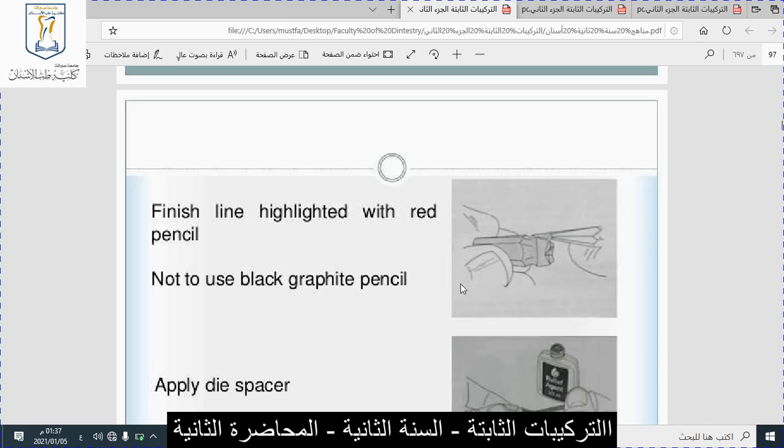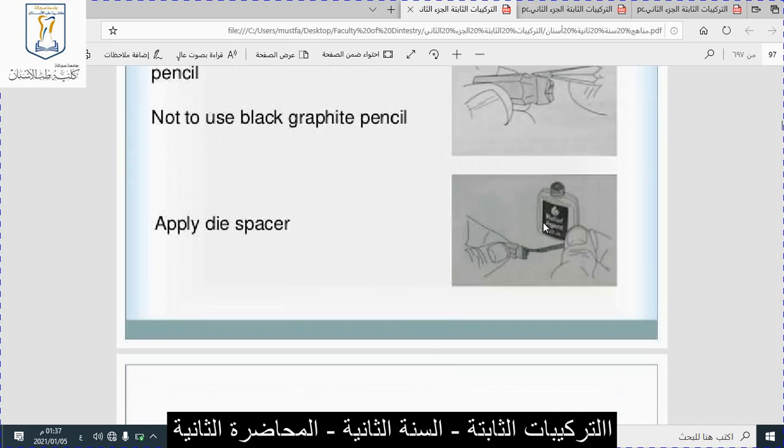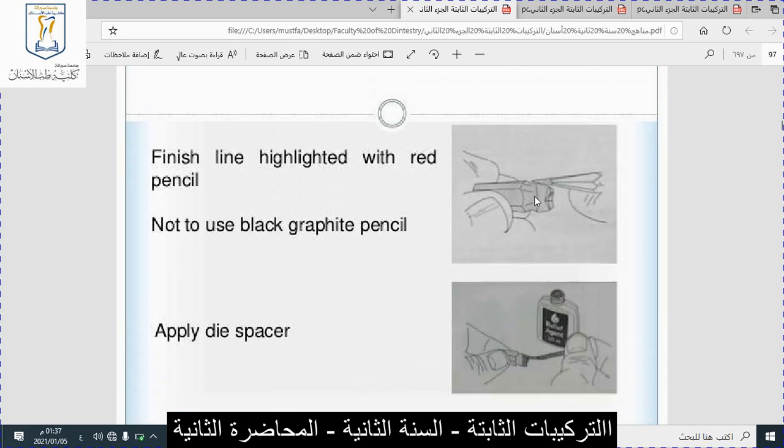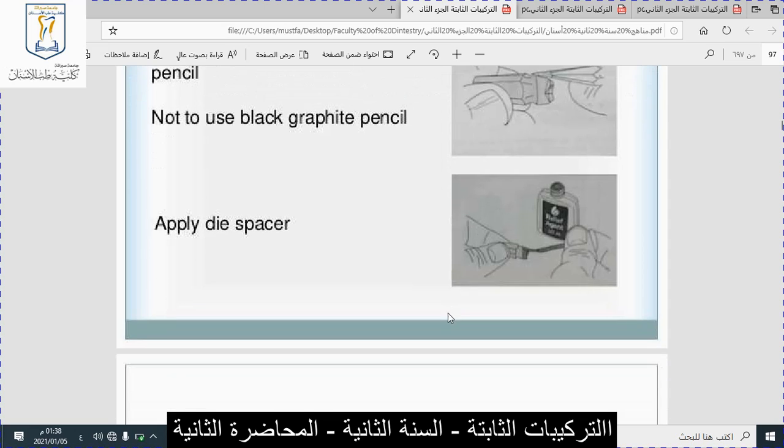Apply die spacer. After that marking, we apply die spacer, as we told you, 0.1 to 1 millimeter away from the margin. We keep the margin free of die spacer to get good adaptation of the cast or restoration and prevent an open margin.